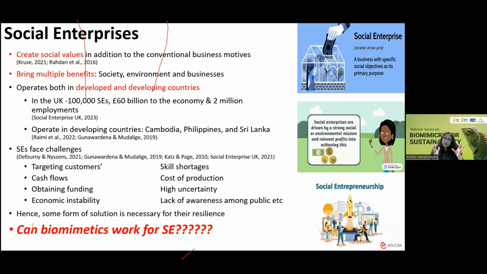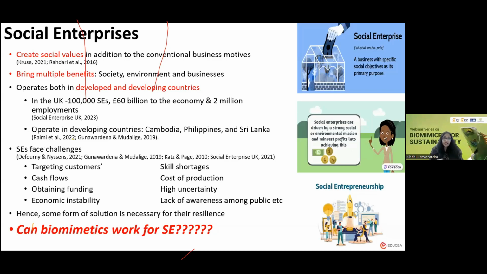However, this beautiful business model is having difficulties, because not only social enterprises but all other enterprises have some difficulties. But social enterprises have some extra, special difficulties while doing their business.